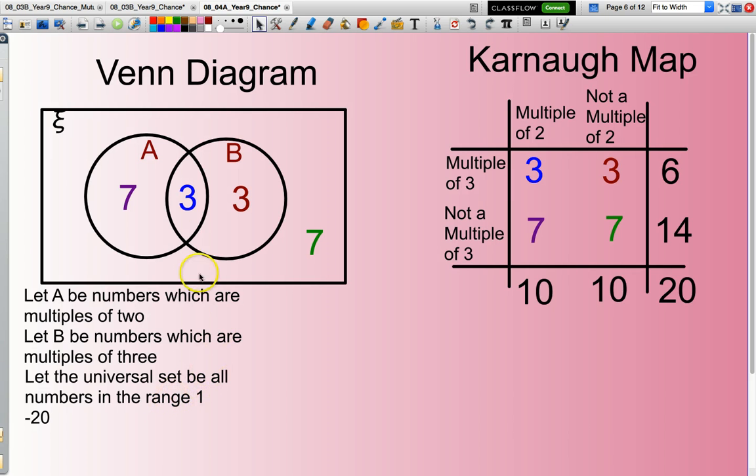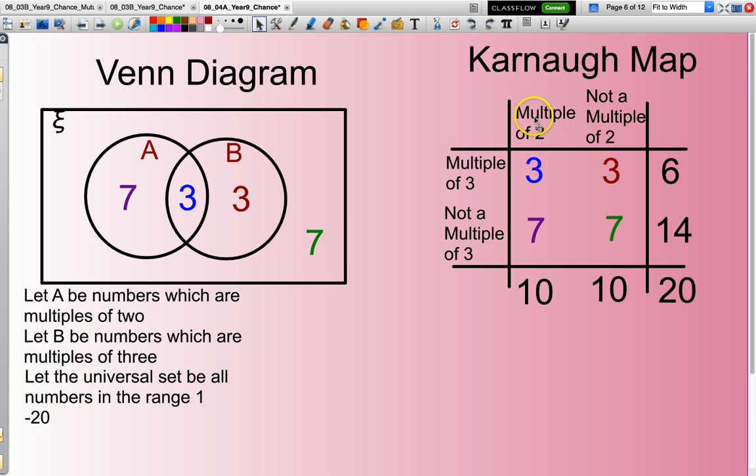So I can say that there are 10 even numbers, 6 numbers which are multiples of 3, 3 numbers which are both even and a multiple of 3, and 7 numbers which don't match any of that criteria. Now let's look at the Karnaugh map.